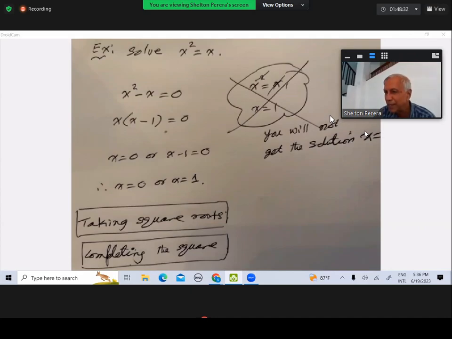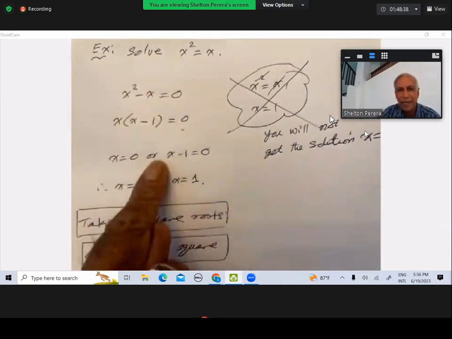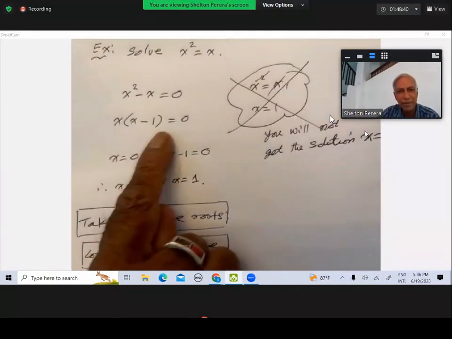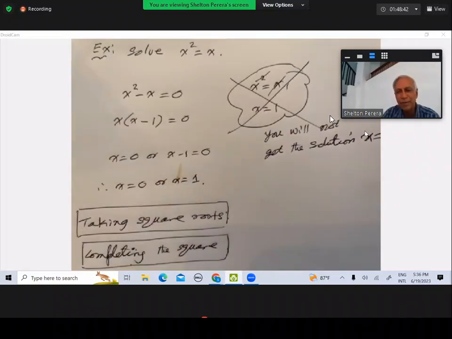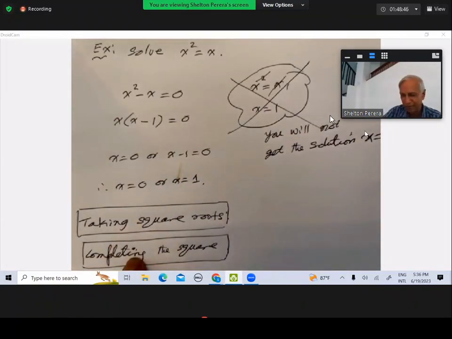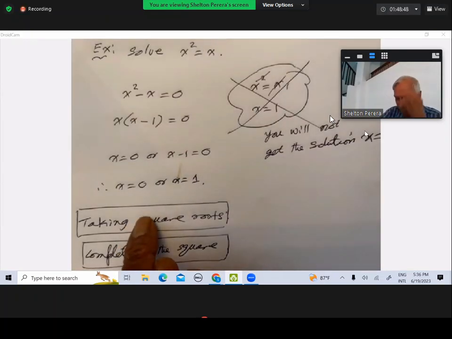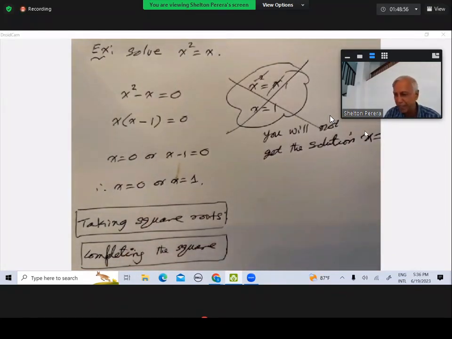If it factors, the factoring method is very efficient. You can get the answers very quickly. After factoring, you can write down the answers immediately. This is an easy method. It can be applied only when you see x inside a square term and numbers on the other side.